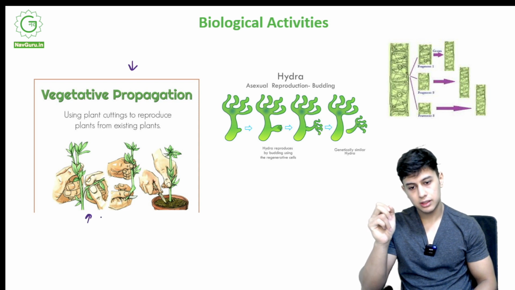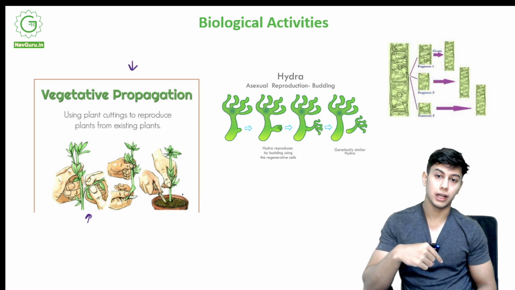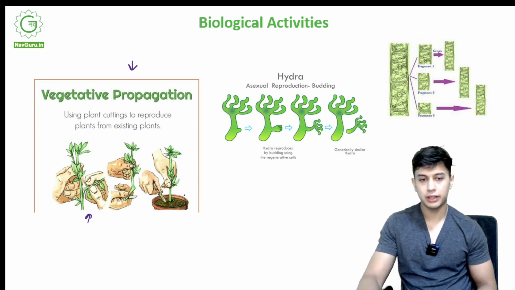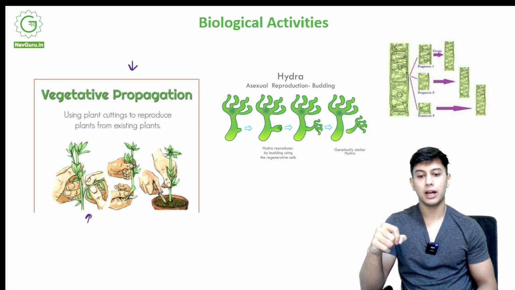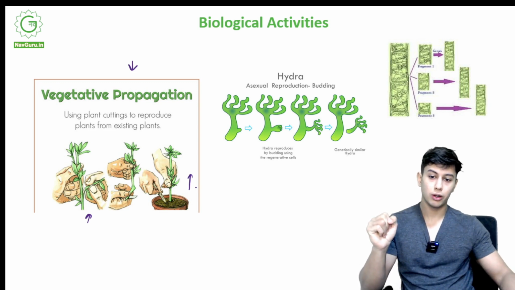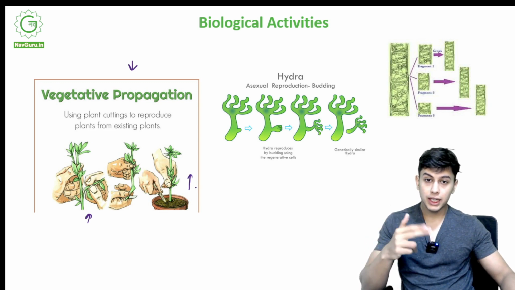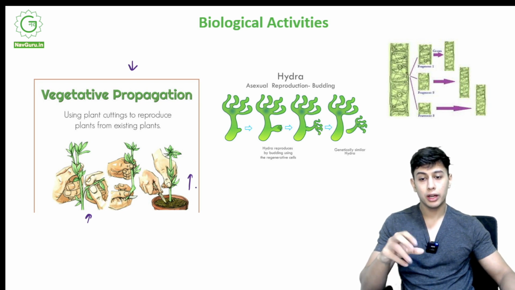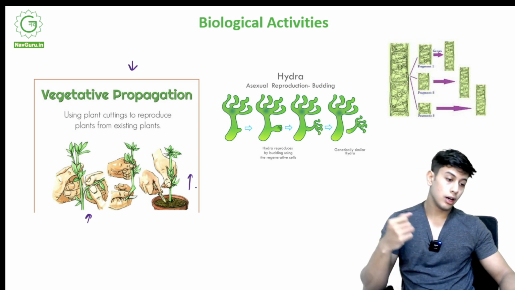I replant that branch into the soil in a different pot, in a different place. That part can grow into a new plant. This is vegetative propagation.